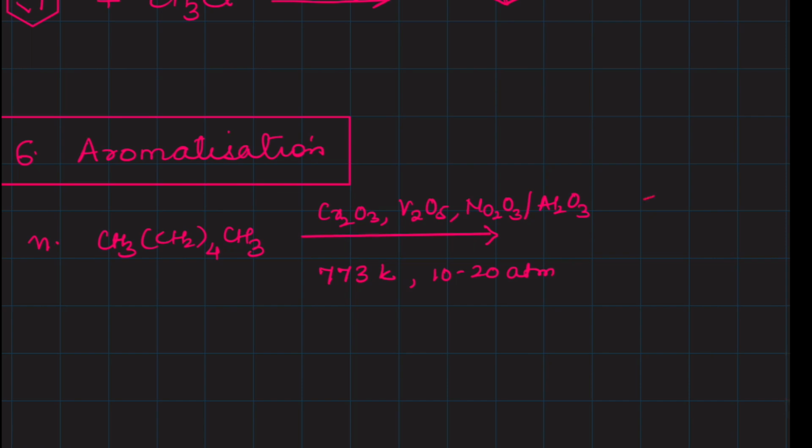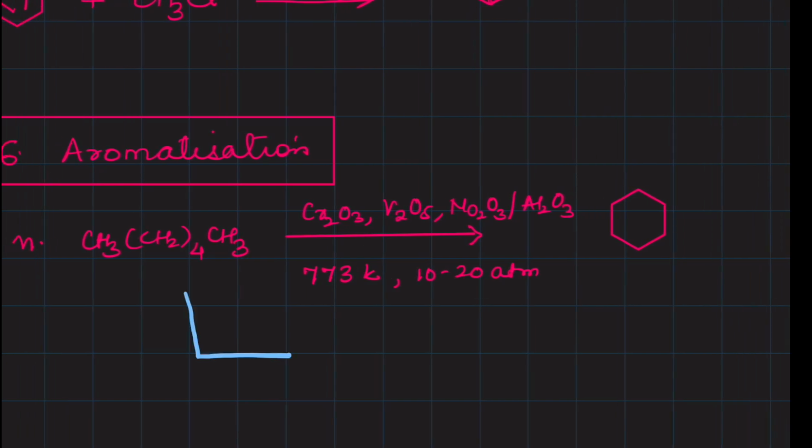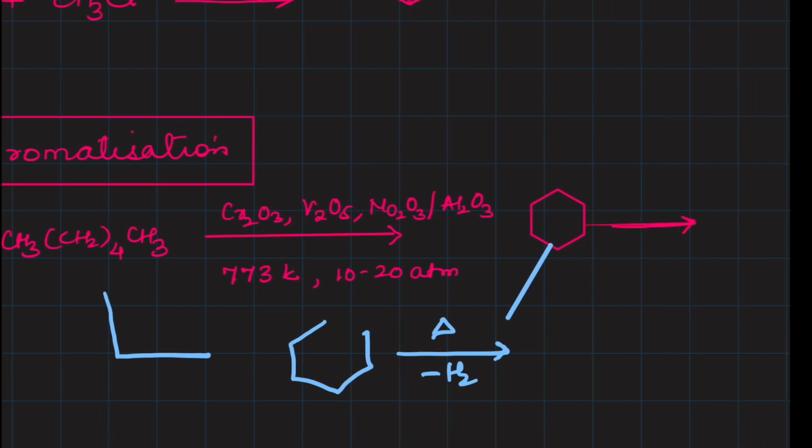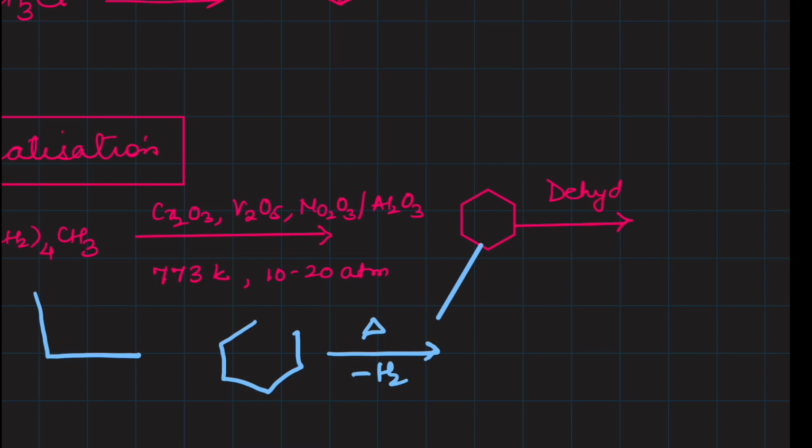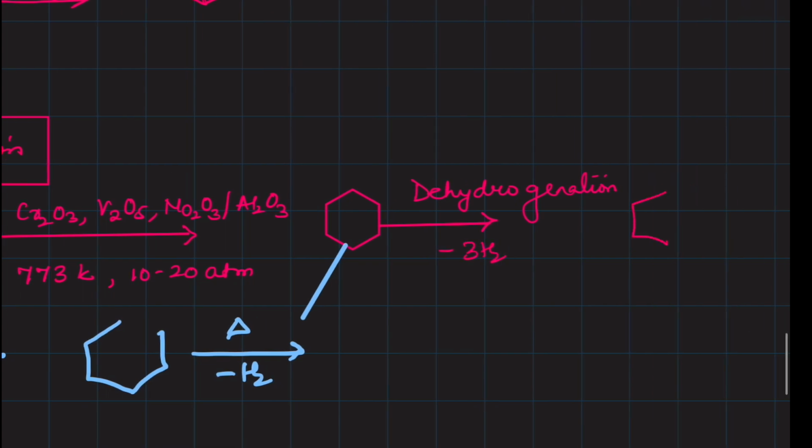It isomerizes, rearranges to first form a ring. It comes closer like this, and then hydrogen is removed to give you cyclohexane. Once we have cyclohexane, it dehydrogenates again to give you benzene.